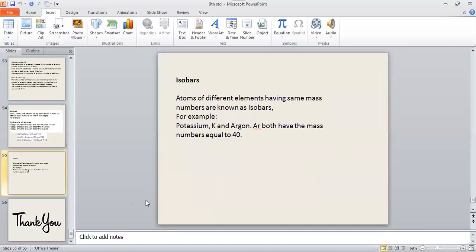The last point given in this chapter is isobars. So what are isobars? Here we will consider examples.